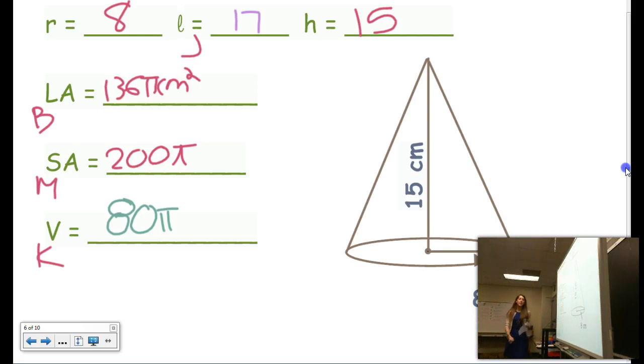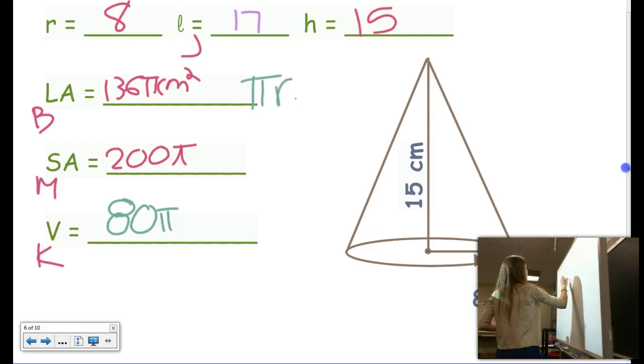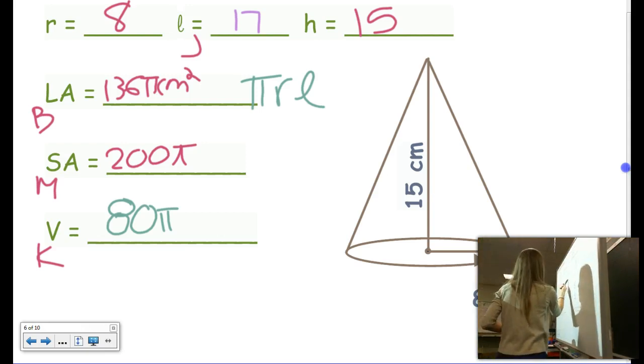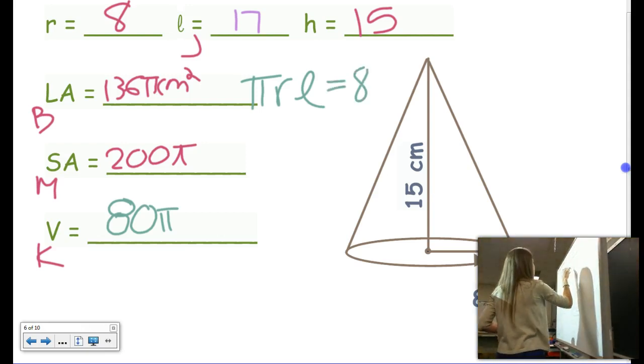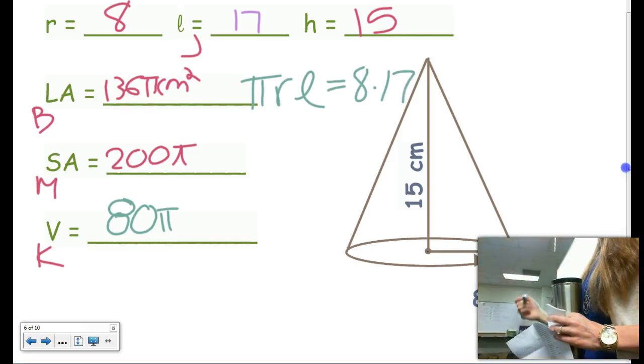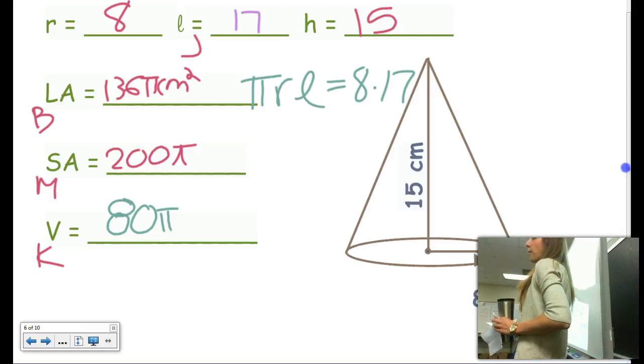Okay, so for the lateral surface area, first thing you do is you write down the formula. Pi r L. Remember, in this class, most of the time, we don't press the pi button. So what's the only thing you actually have to press? R times L. R is 8. L is 17. So all you're typing in is 8 times 17, and that's where the 136 came from.